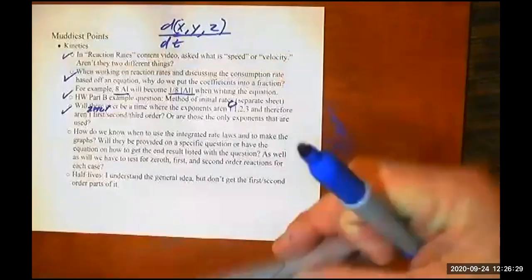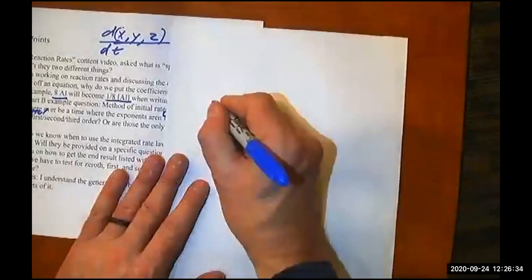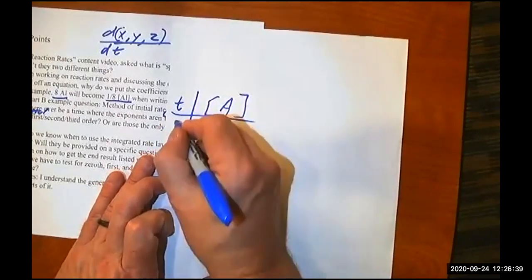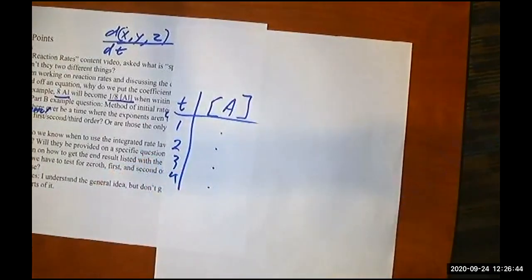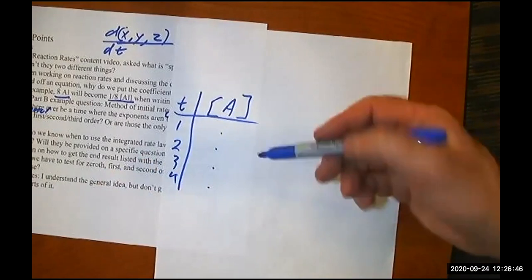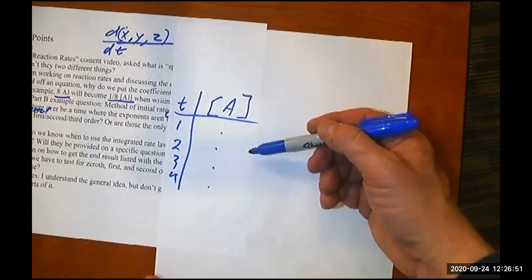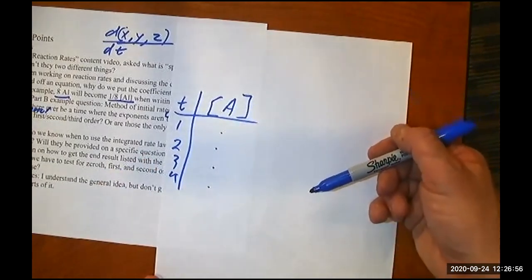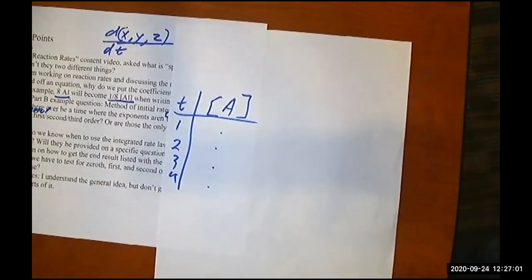If, on the other hand, you are given a table of data where you have concentration at different times, so 1, 2, 3, 4, and then you've got some values here, then at that point it would make sense to try plotting the concentration versus time, plotting the natural log of the concentration versus time, and plotting 1 over the concentration versus time to see if any of those are straight lines. So it's a question of what type of information you're given.